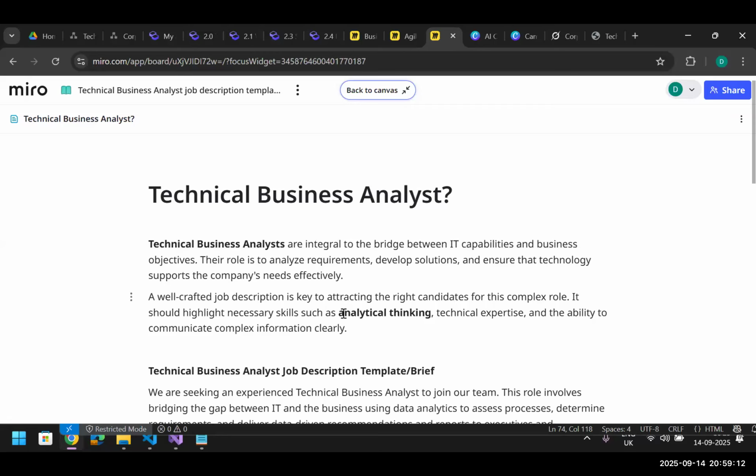Analytical thinking is something I have already covered, and they have highlighted it. What is analytical thinking? Elicitation, analysis and problem solving are very, very important. How do I know this is a problem? What is the context, and who is involved in it? What is the end-to-end scenario? Who are the entities involved, right?